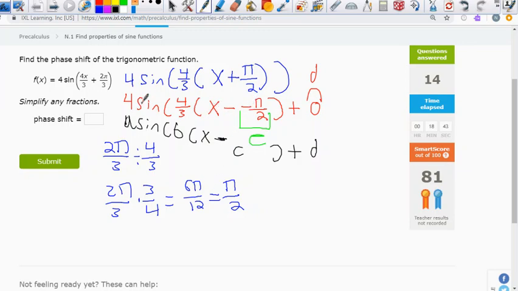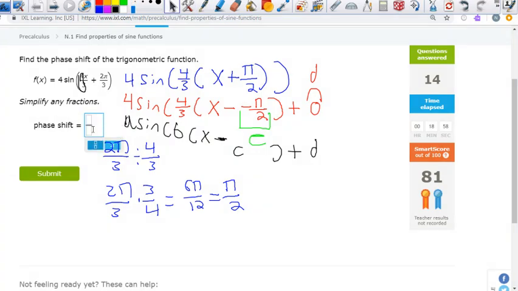So essentially, you can take your term 2 pi over 3, divide it by the coefficient here, 4/3, and then switch the sign. That gets you negative pi over 2.